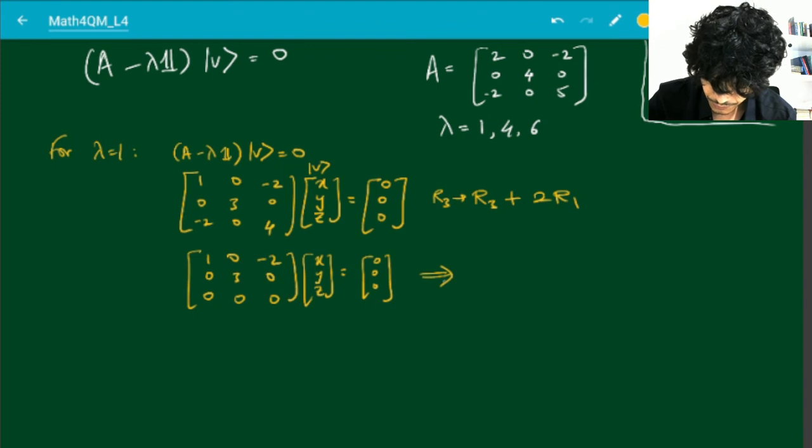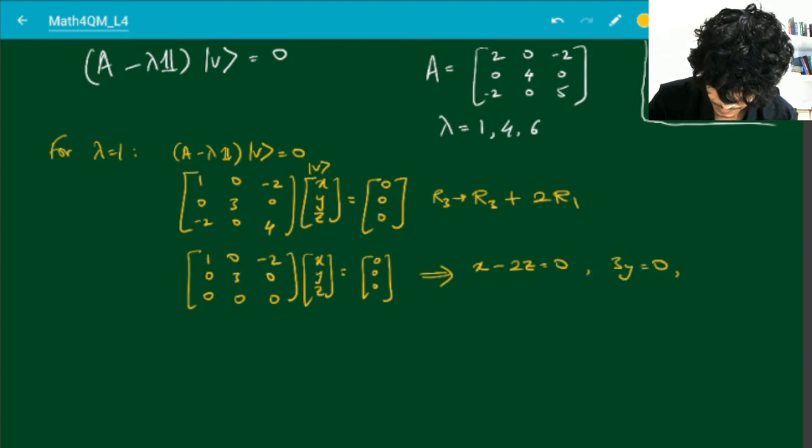The very first row, if you do this matrix multiplication, you get x plus 0y minus 2z is 0. From the second row, you get 3 times y is 0. From the third row, you just get 0 equal to 0. So that doesn't really give you any information.